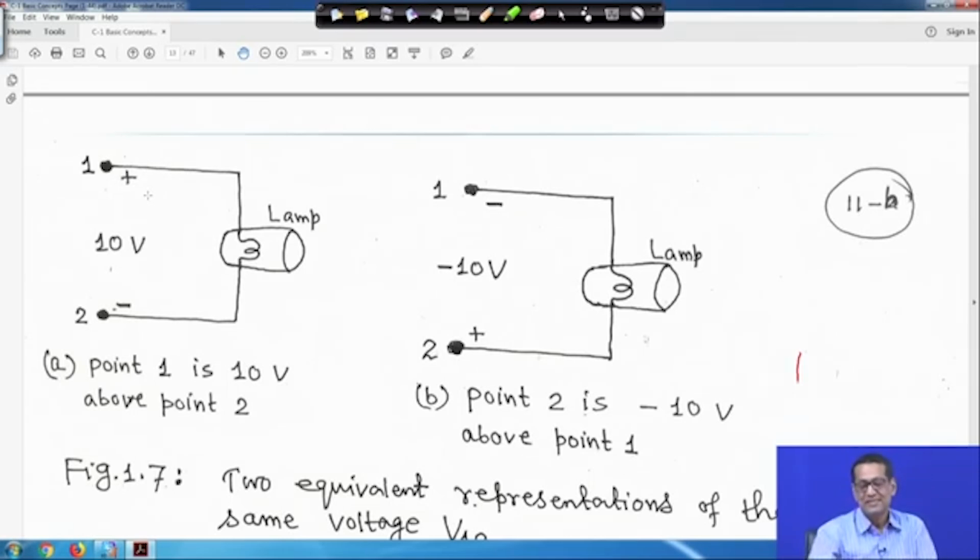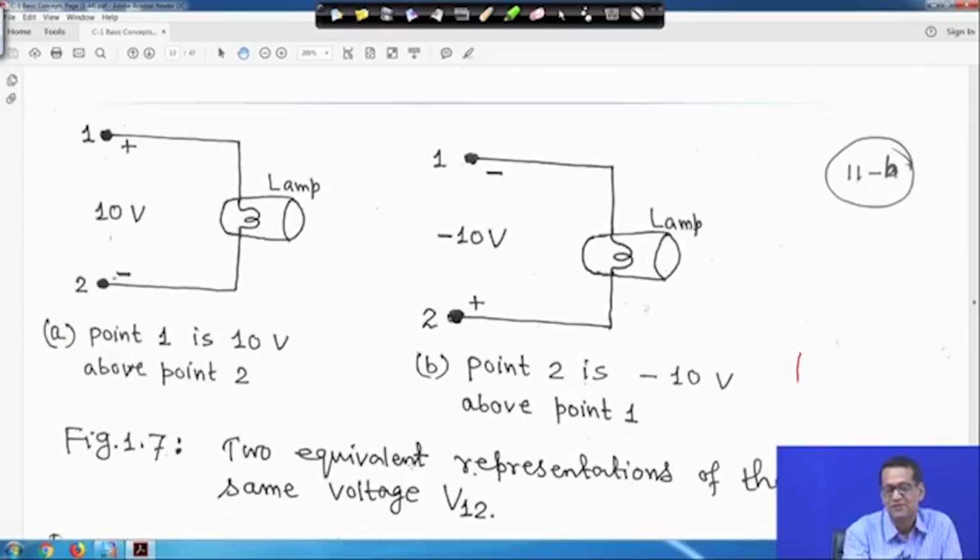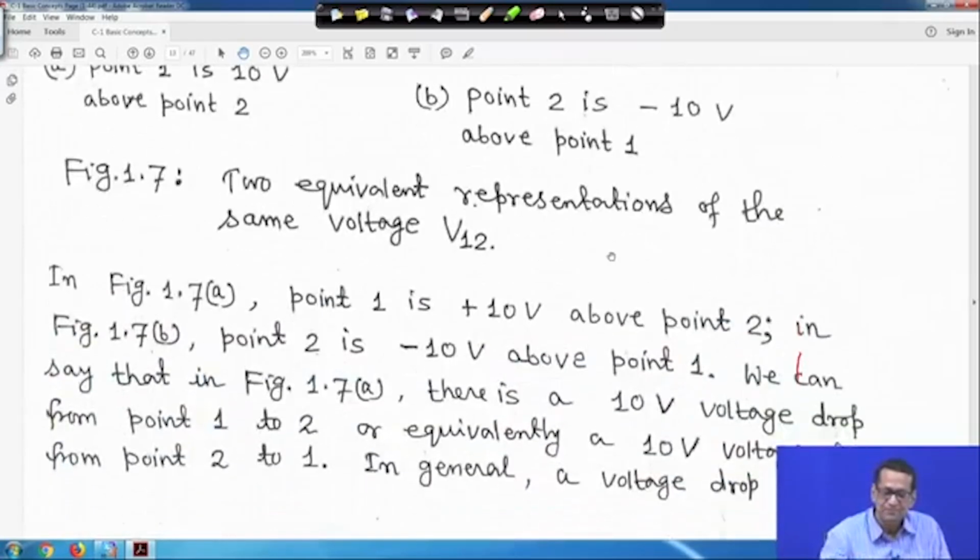Here point 2 is minus 10 volt above point 1, here point 1 is 10 volt above point 2. So, these are two equivalent representations of the same voltage V12, and both are equivalent to each other, right.